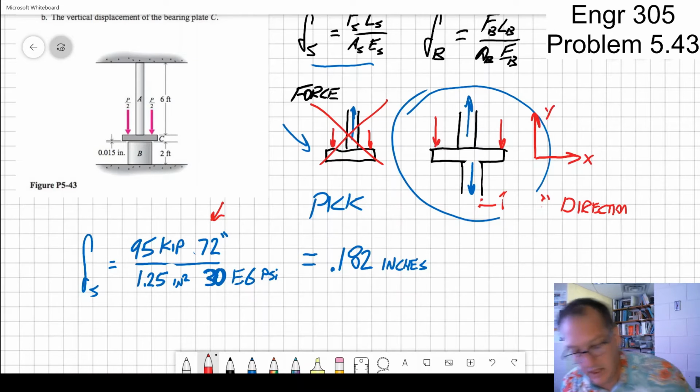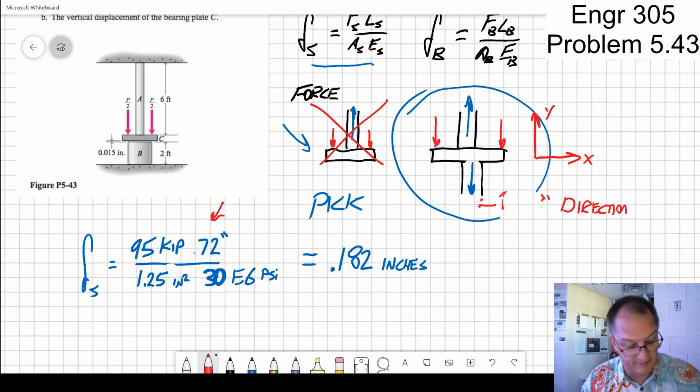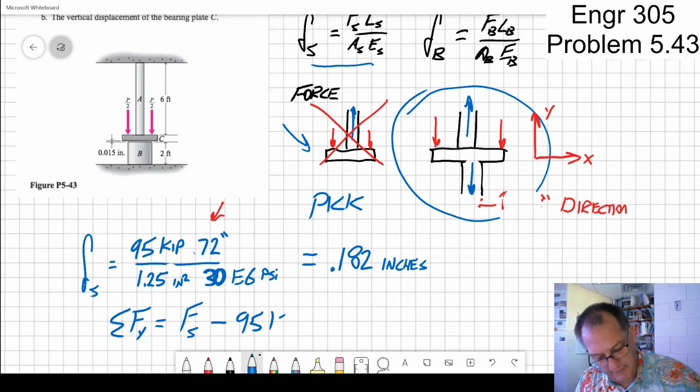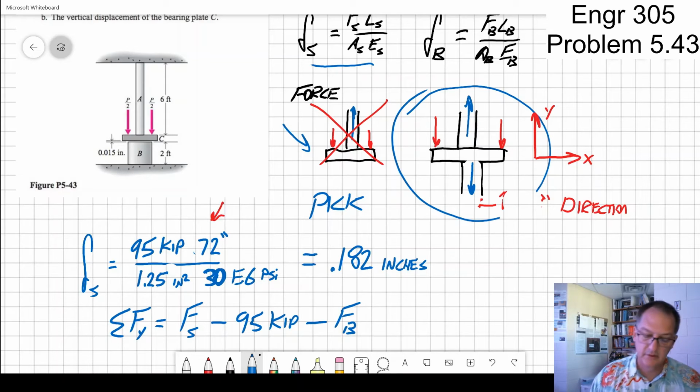X, Y. I'm going to do some of the forces in the Y. Are equal to the force in the steel is acting up minus 95 kips acting down minus the force in the bronze equal to 0.